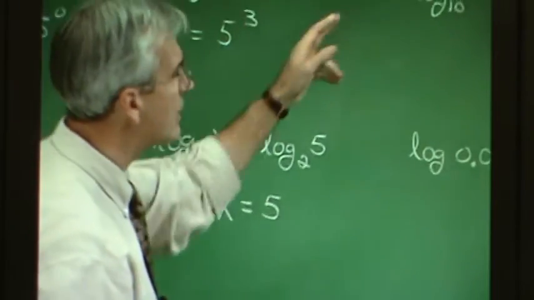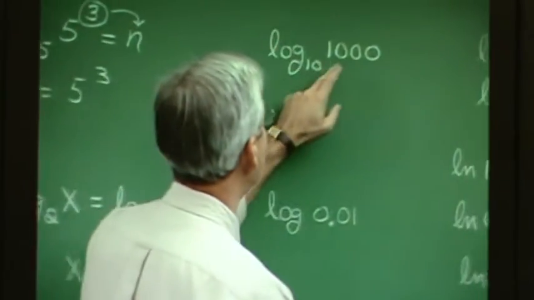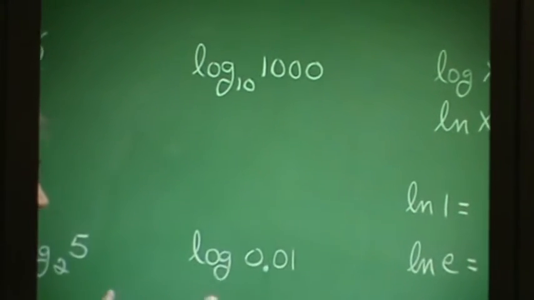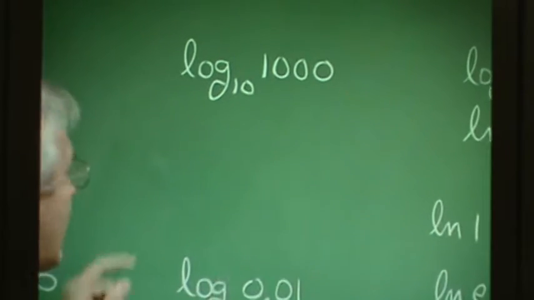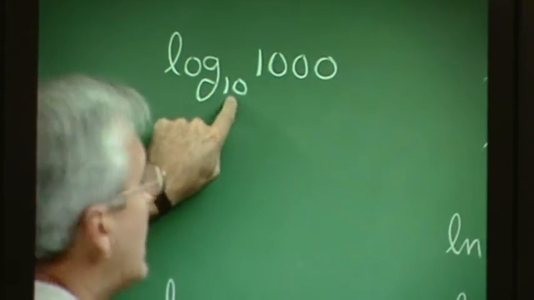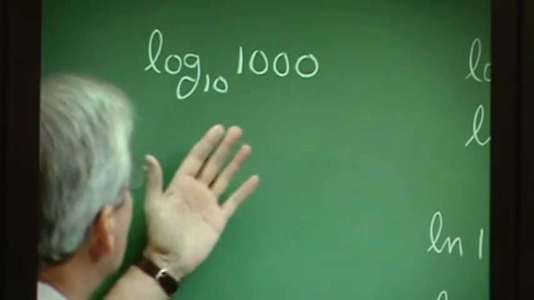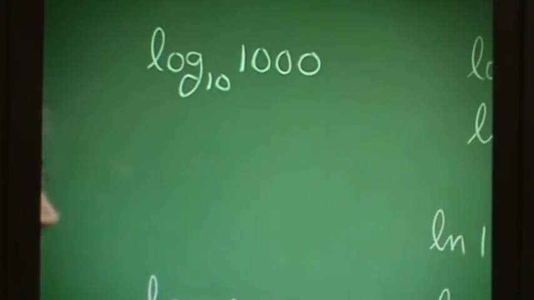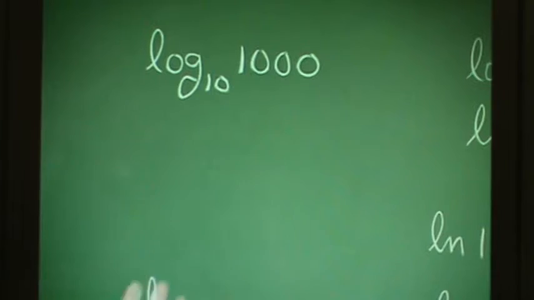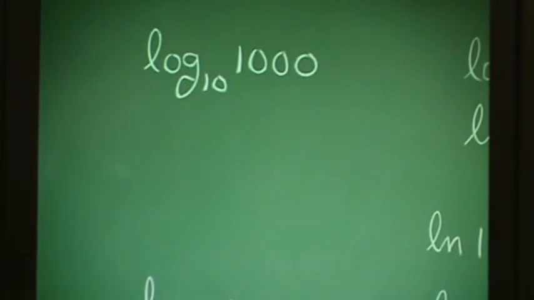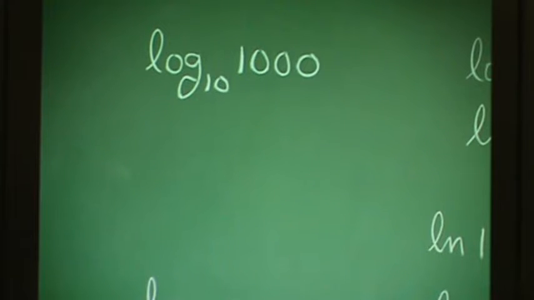Okay, consider this one. Log base 10 of 1,000. Our interpretation in terms of exponent would be, what is the exponent we need to apply to 10 in order to get to 1,000? Well, it would be 10 cubed. So this is equal to 3. Now, we can make that determination by setting it equal to n and going through that little algebraic process, but I think it's easy enough to see through.